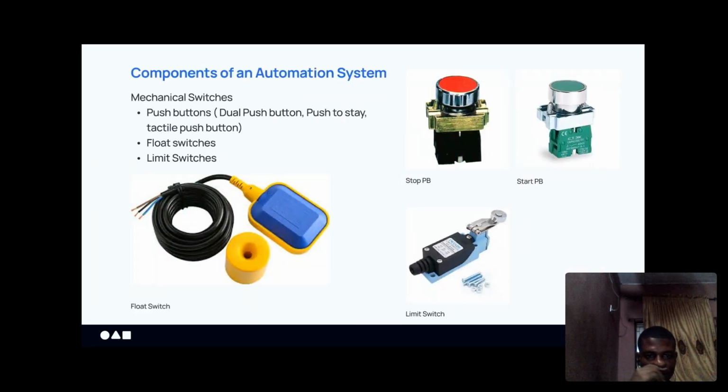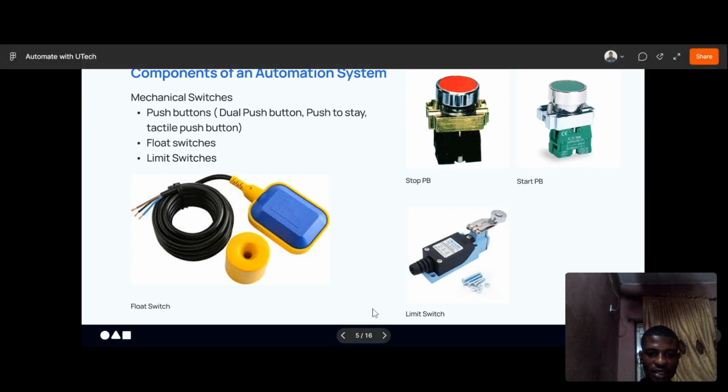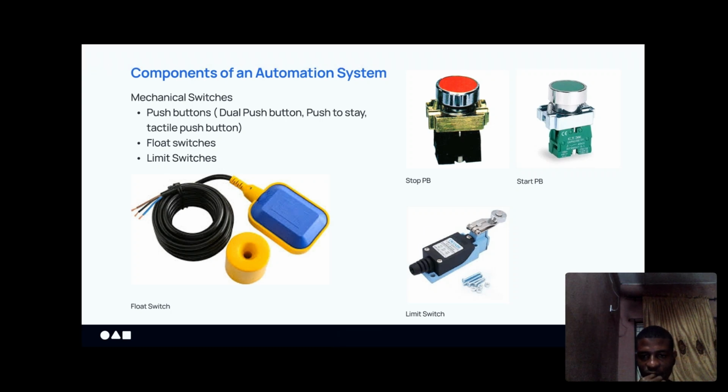So we move on to the components of an automation system. At this level, parts of the components that we'll be dealing with are the push buttons, the switches, and under switches we have various types of switches.